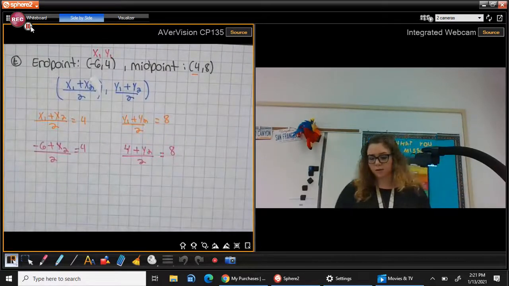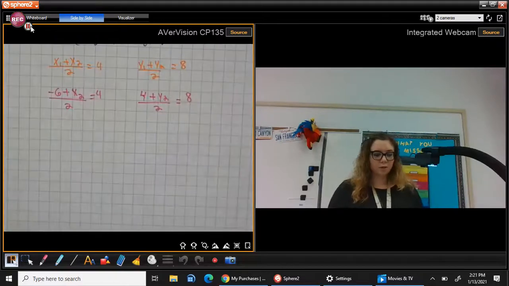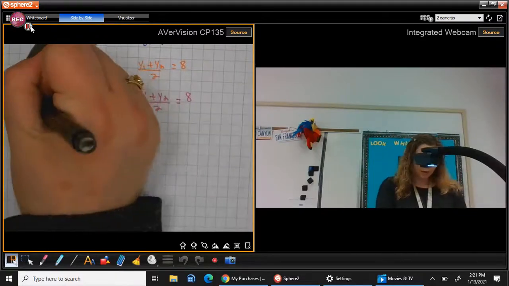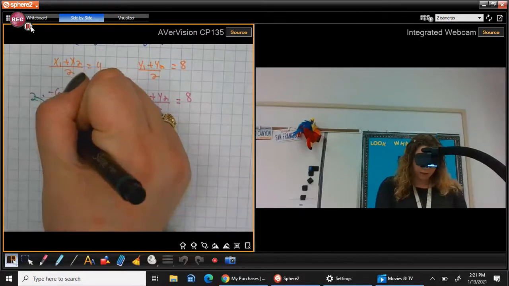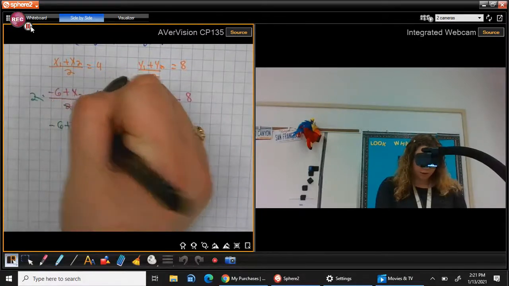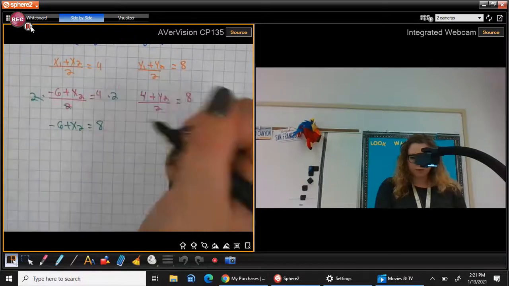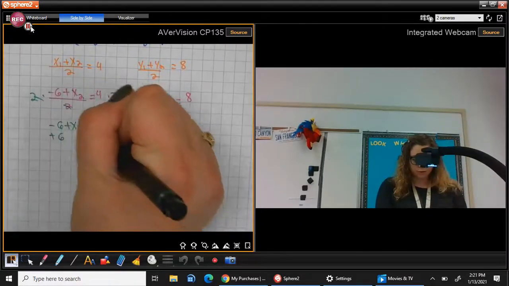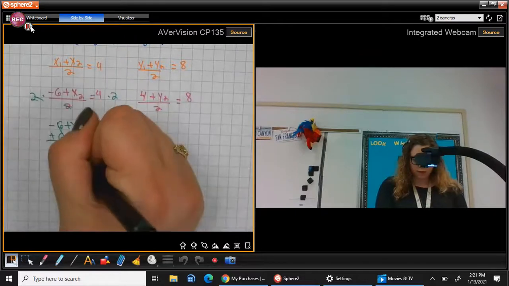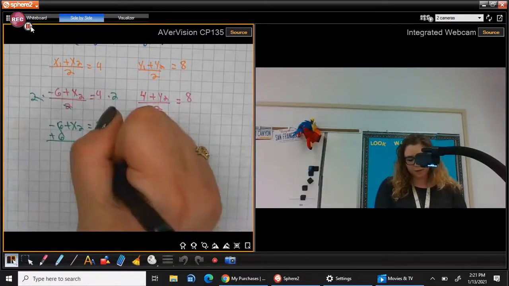And now I'm going to solve the equations. So I'm going to multiply both sides by 2. I'm left with negative 6 plus x2 equals 4 times 2, which is 8. So x2 equals 8 plus 6, which is 14.